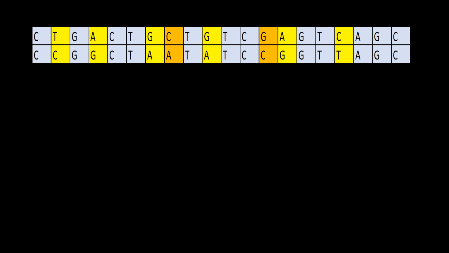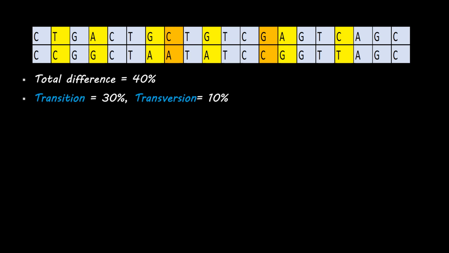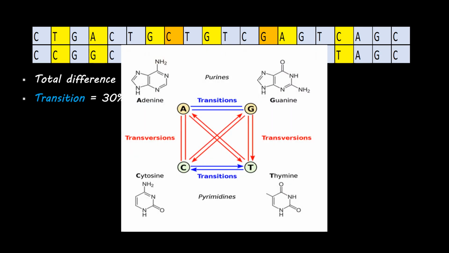Let's come to the example again. We had two sequences where 8 pairs were different, so total difference was 40%. But here transition and transversion are calculated separately. I hope you remember what transitions and transversions are. Transitions is when purines are substituted by purines, and transversions are when purines are substituted by pyrimidines.